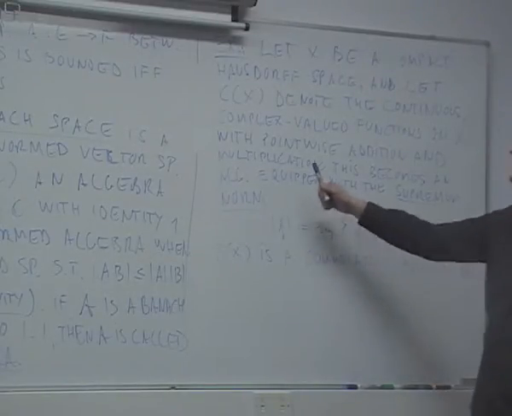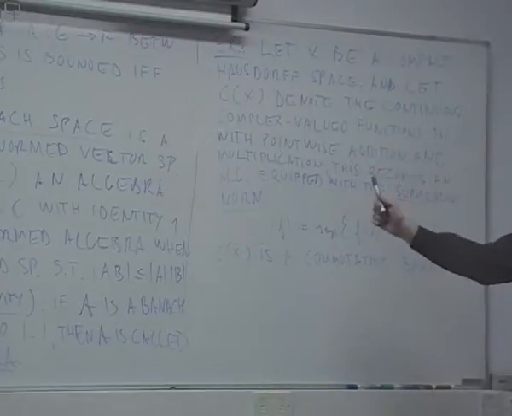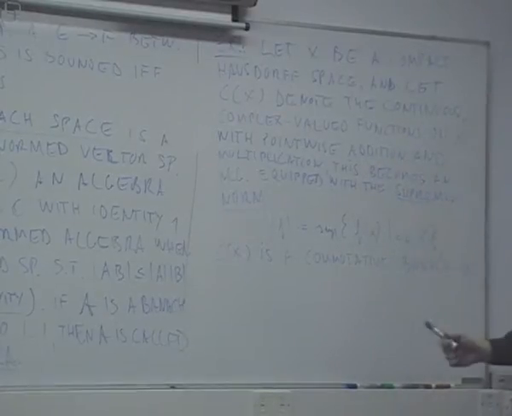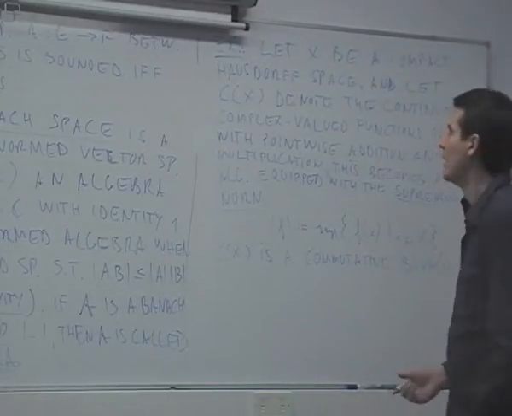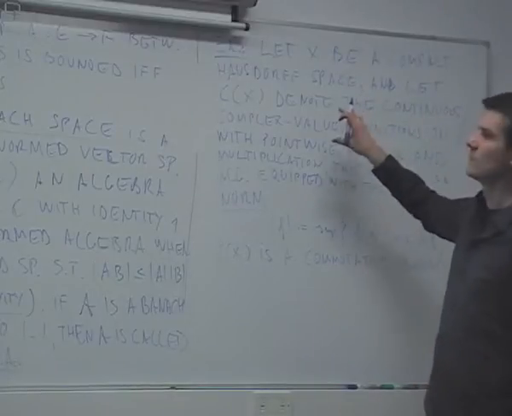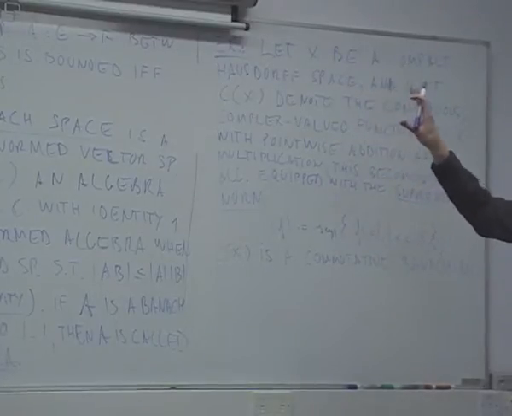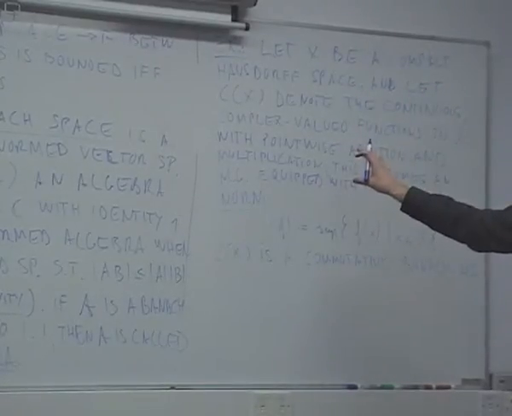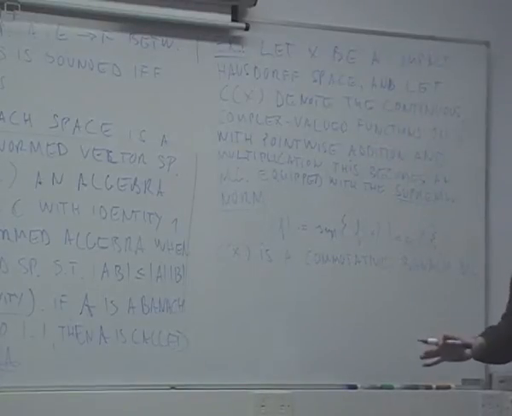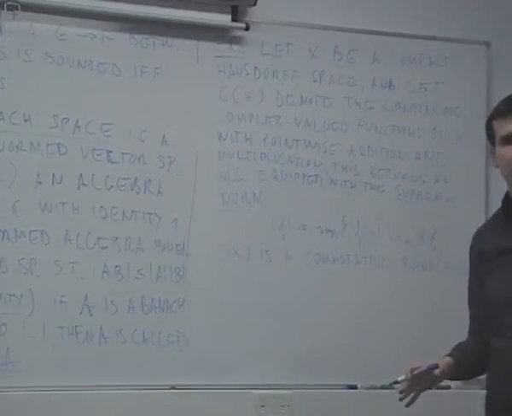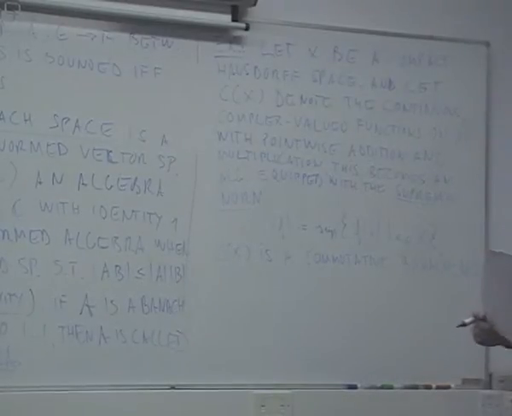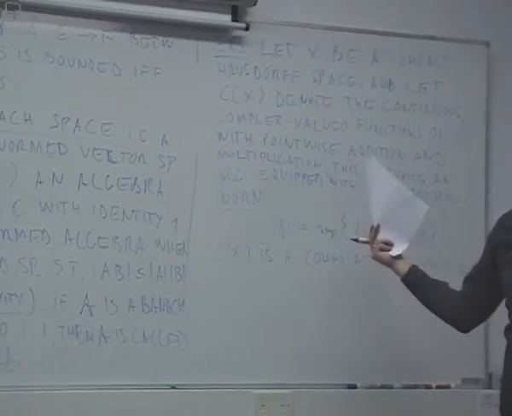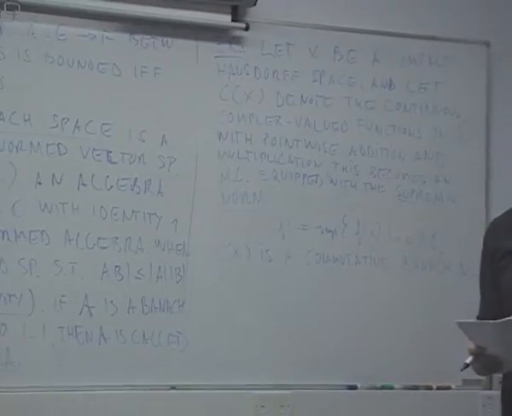Is it clear when I say pointwise addition and multiplication? Okay, and then obviously you just multiply with complex numbers, and this means it's commutative. This is the prototype example for a commutative Banach algebra. It's also, later we'll have more structure, a commutative C-star algebra. And in fact, all commutative C-star algebras look like this, so this is really an important example.